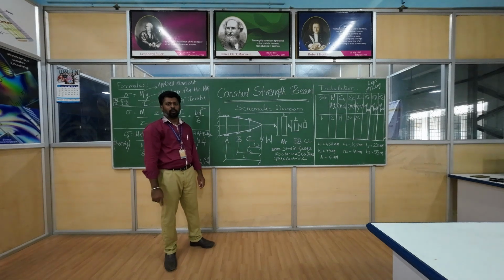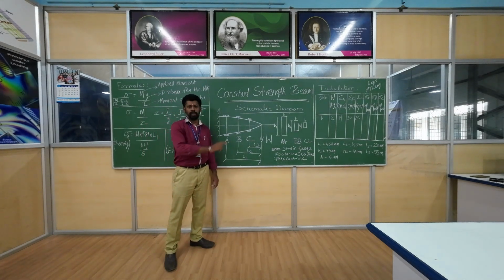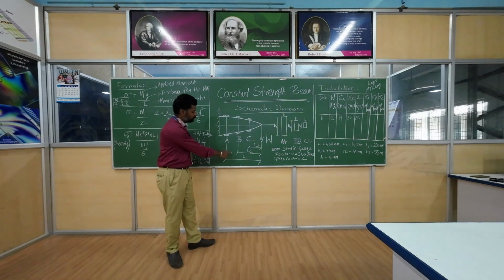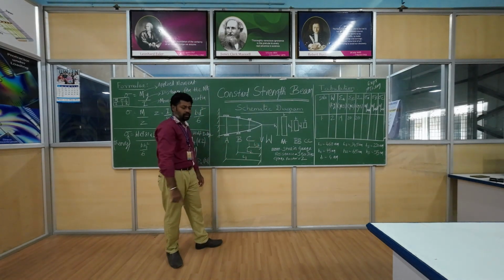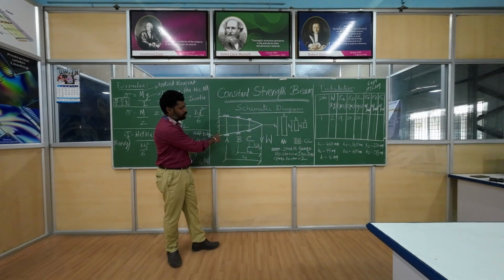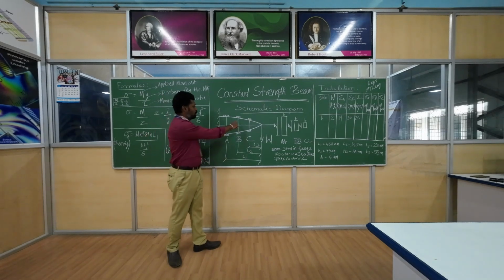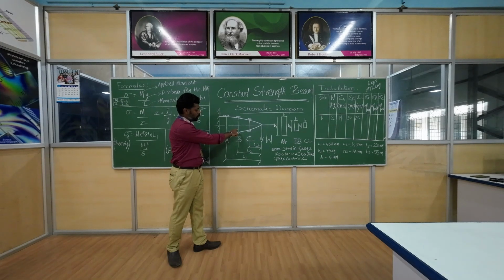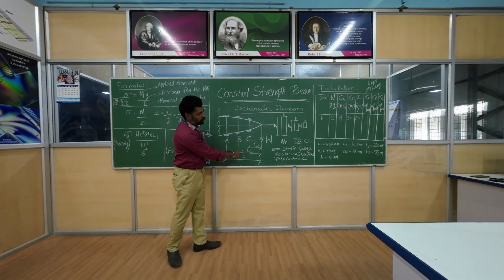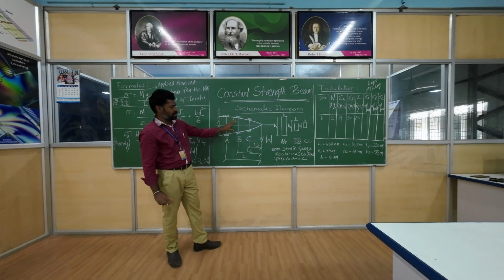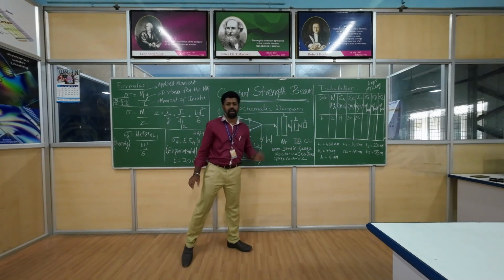In order to prove that the strength is constant along the length of the beam, we have taken three sections. Section A has a length of L1 from the free end. The L1 is 460 mm and it has a depth H1 of 75 mm. Then we have taken section B, located 345 mm from the free end, that is L2, and the depth of the B section is H2, that is 65 mm.